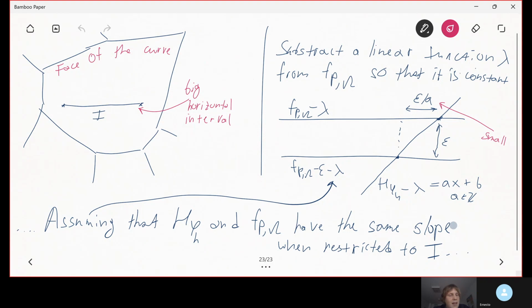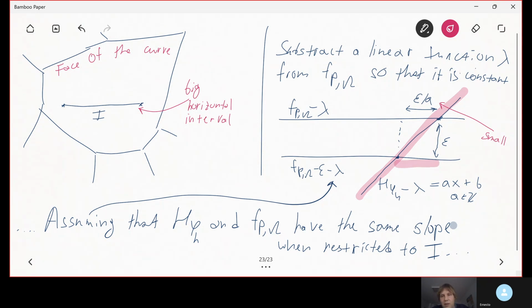You just consider an interval inside of the face of the tropical curve, let's say a horizontal interval. You restrict yourself to this horizontal interval. On the right, you subtract the linear function lambda with the same gradient as F. And if your H has a non-horizontal slope, it has an integer slope, and then you violate the inequality very quickly.